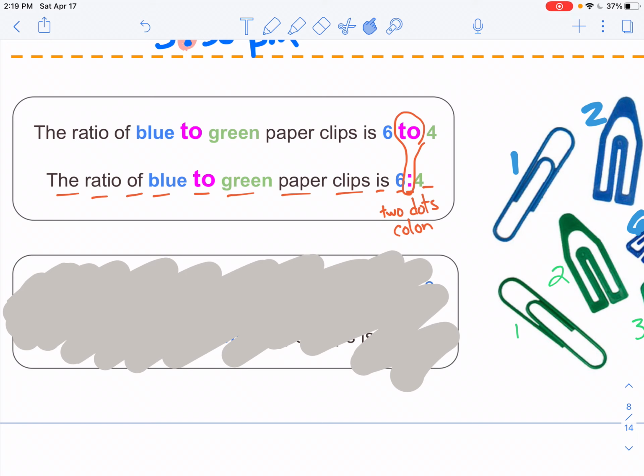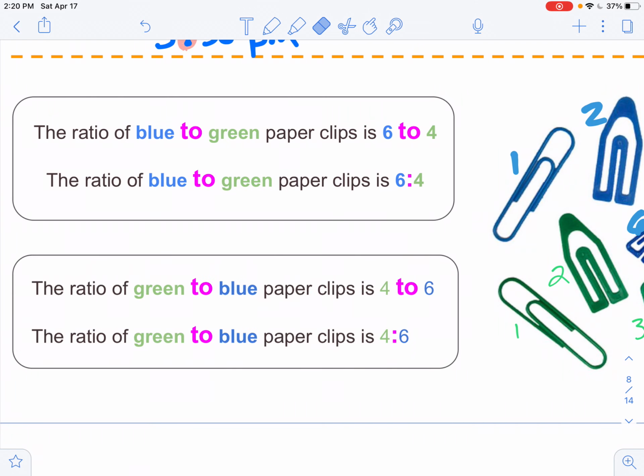You need to be a very careful reader when it comes to ratios. Look at what's in the next box. It looks like it's going to be the same thing, but something has changed. The ratio of, that part's the same, but look at what's next. In the top box, it said blue.